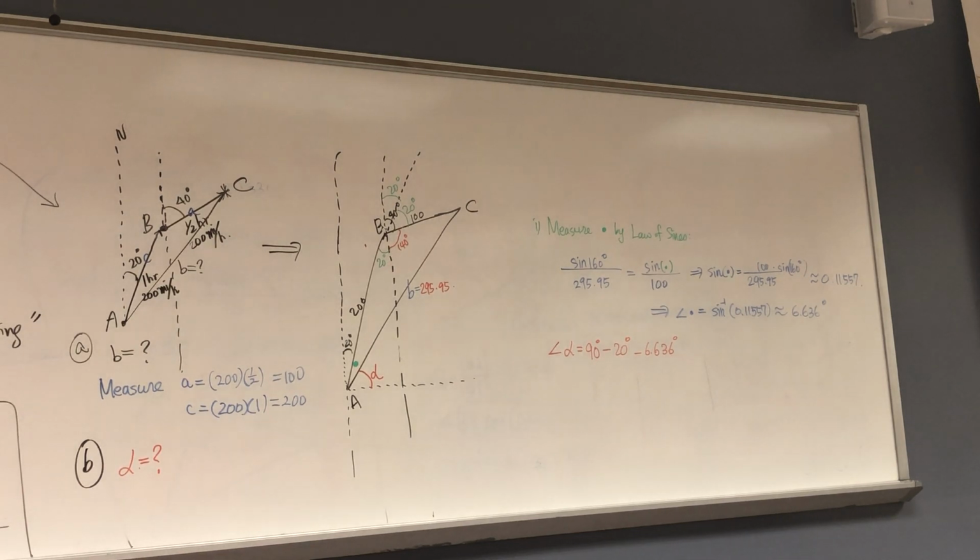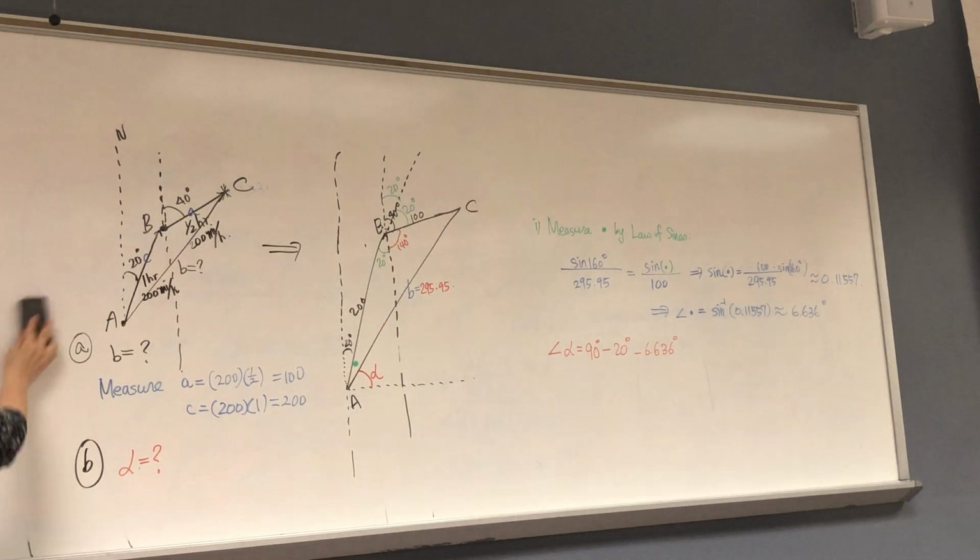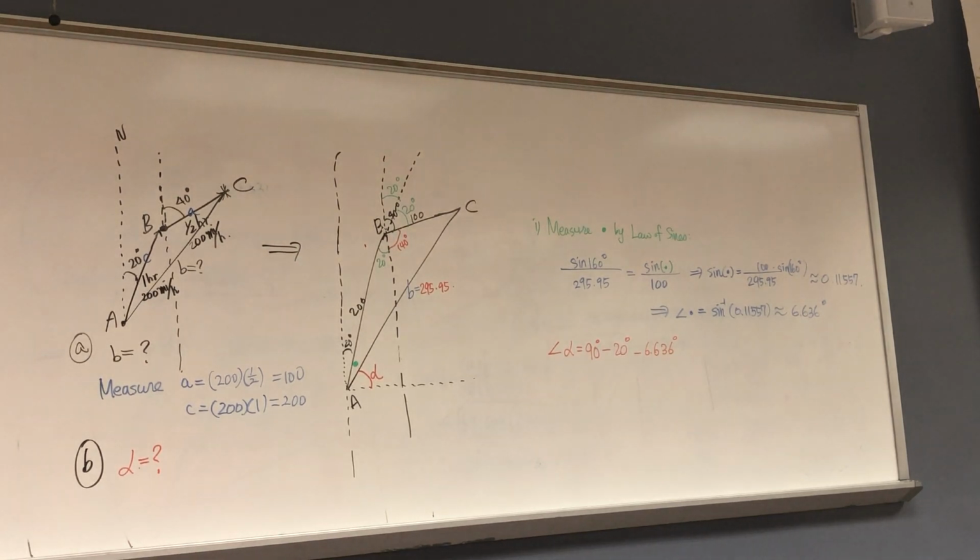So the last topic in section 6 is useful: Heron's formula. Let's go. What page? 519.